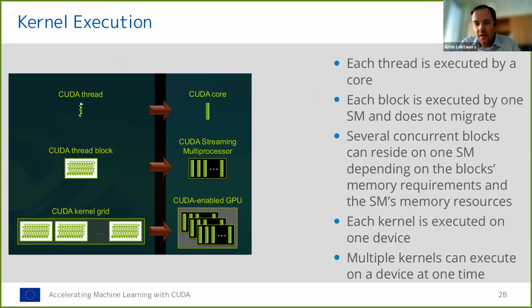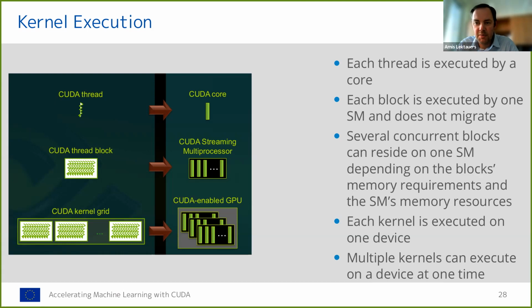Resuming the execution process of CUDA kernels, each thread is executed by one GPU core, and each CUDA block is executed by one streaming multiprocessor. It is not possible to have a situation where a CUDA block is split between several streaming multiprocessors.